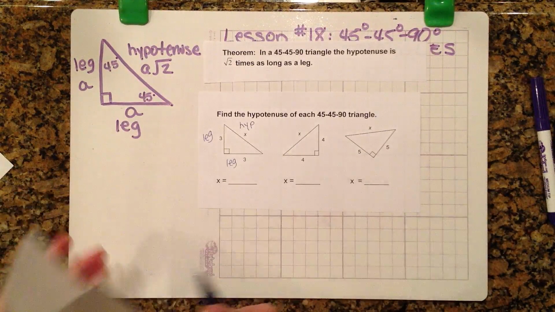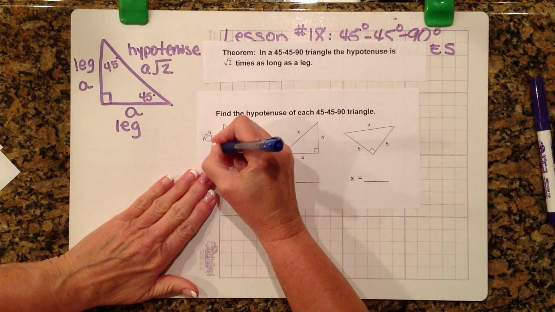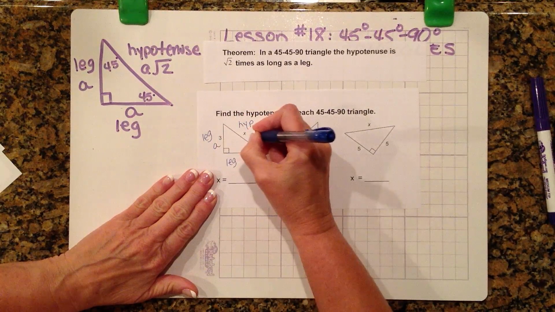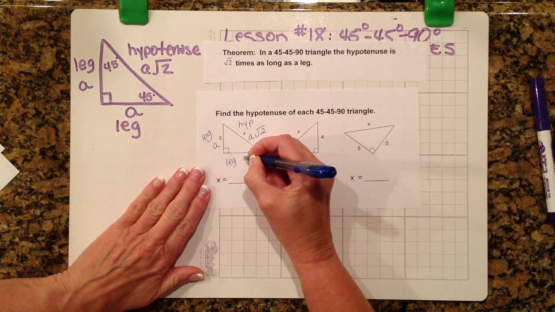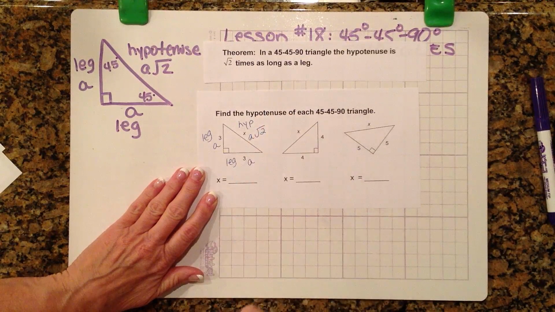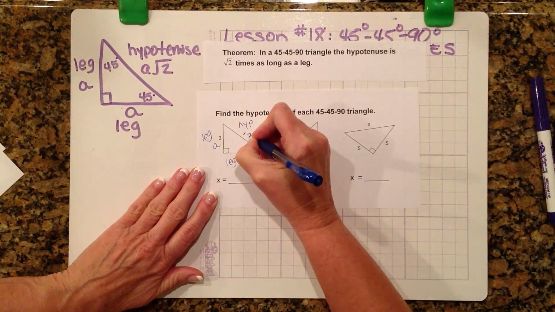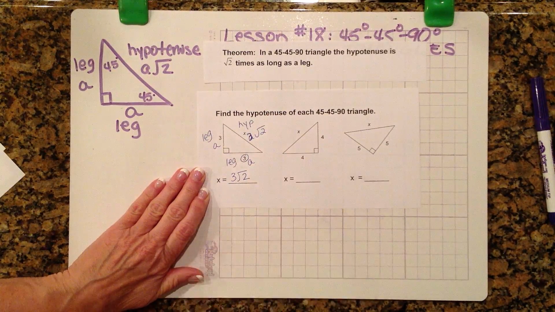So let's write the formula down on our diagram: A square root of 2. Okay, so if 3 is A, all I need to do right here, instead of an A, I'm going to substitute a 3 in. Okay, so the length of that hypotenuse is 3 square root of 2.